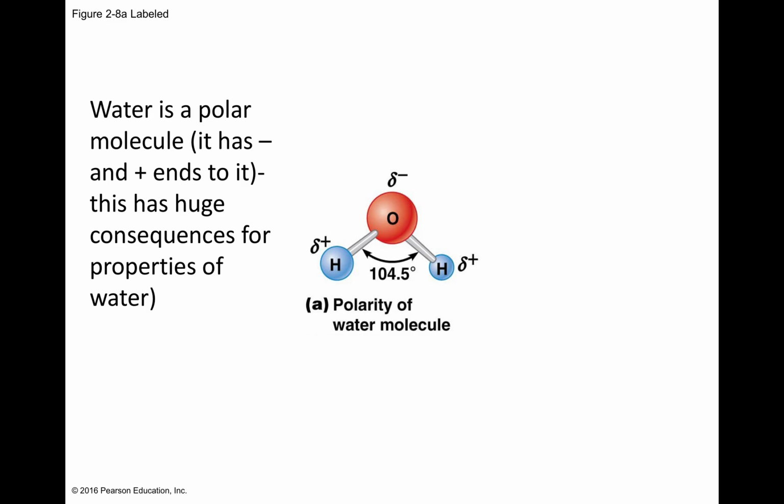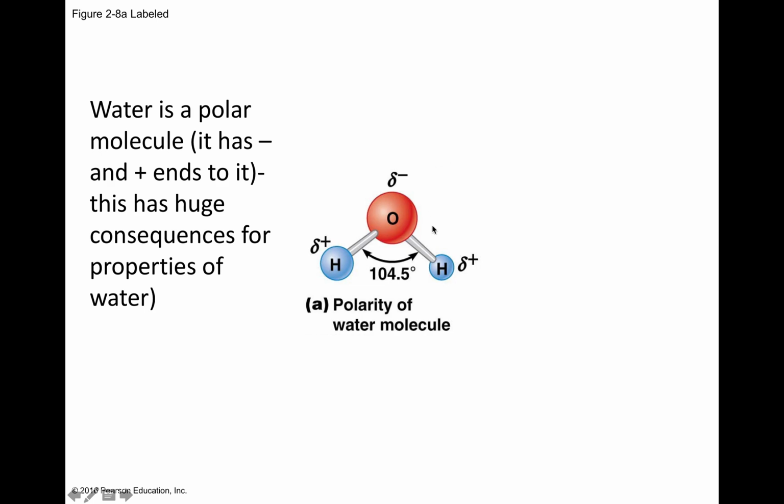Water is another molecule that is essential to the life of cells, and the shape of water and its properties are key to lots of biological properties of water. So this letter here is a lowercase Greek letter delta, and it means partial.